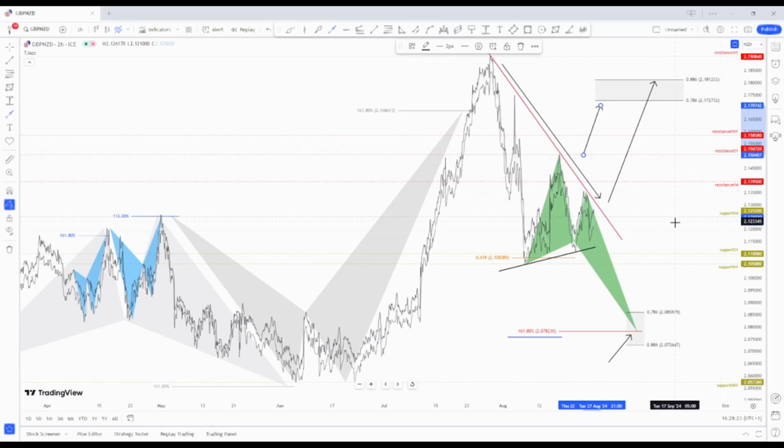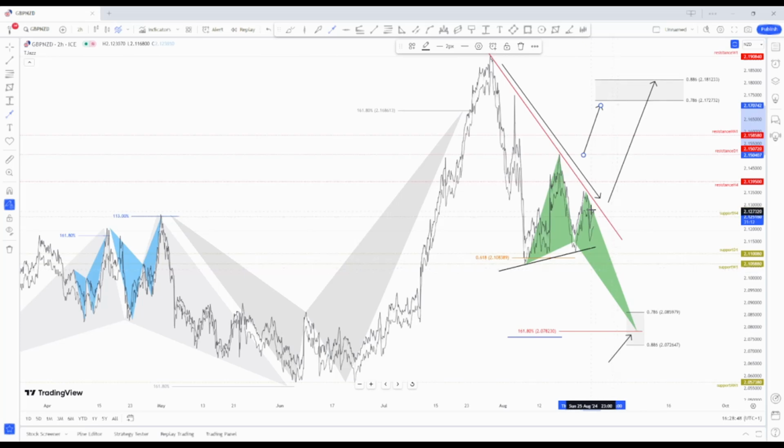In this case, we have the daily fractal, at 2 New Zealand dollars and 15 cents. So only if the price breaks above the daily fractal should you consider that possibility.